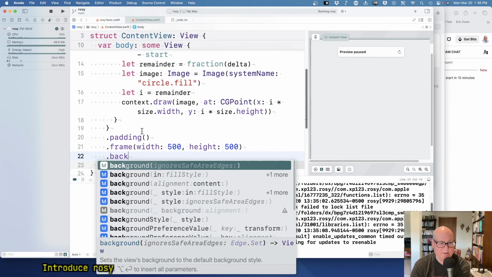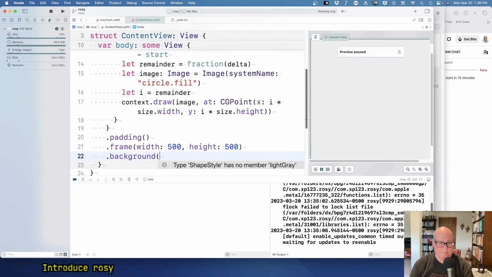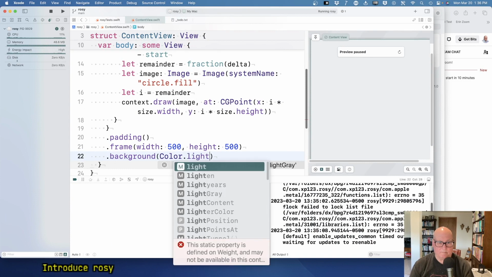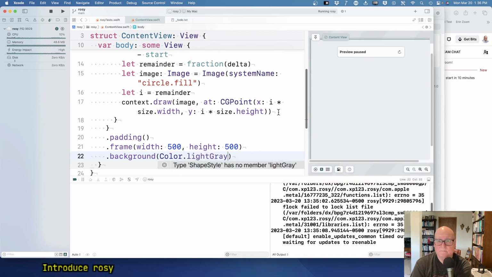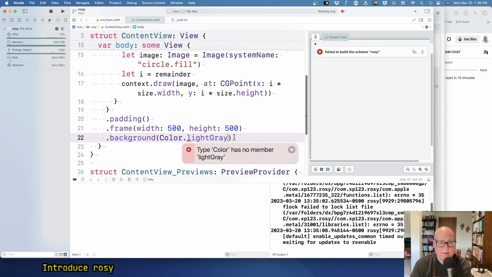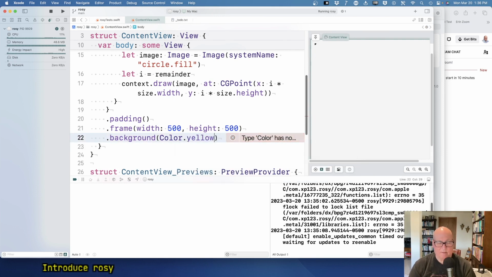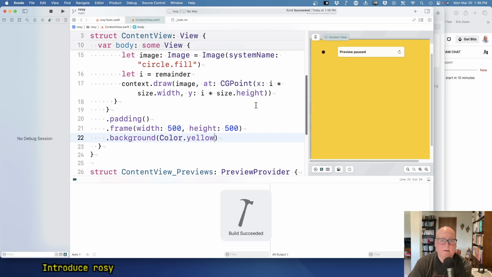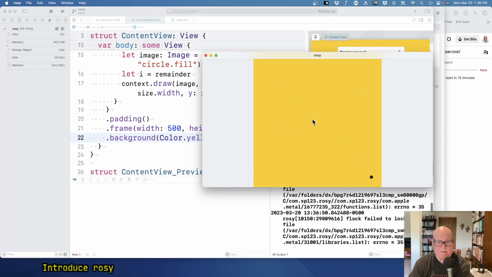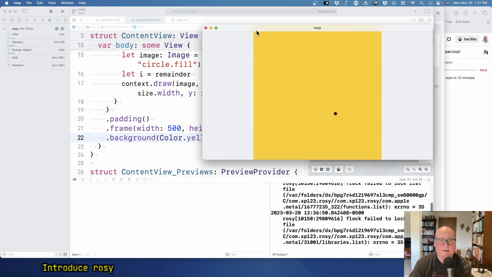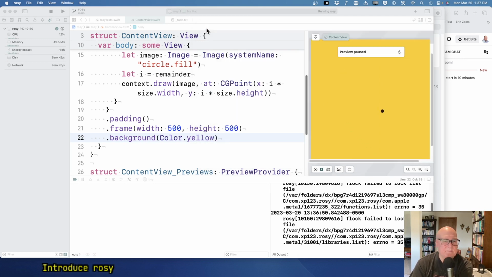Oh, color dot. Oh, jeez. Really? How about yellow? A little ugly, but I just want to see where we're looking at here. Just to convince myself, yeah, this thing is only that. Okay, I don't need that. Well, that's going. All right. I don't know. This is looking kind of slow. All right.